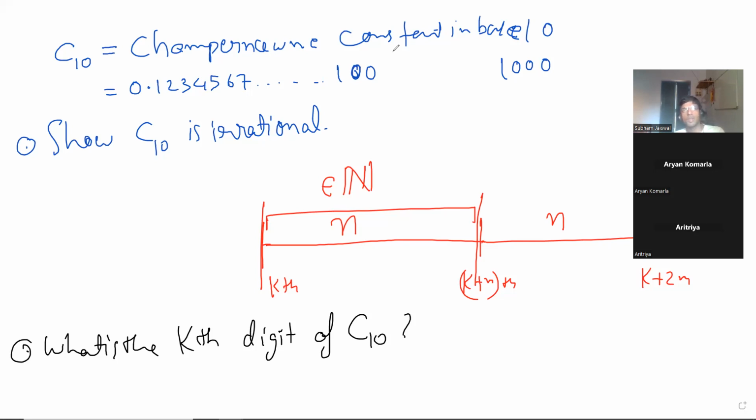Okay, sure. So the kth digit. Another interesting fact, it's been proven that this number is transcendental. Maybe you can ask her, she knows a bit of number theory.